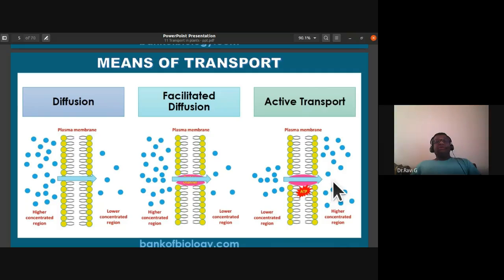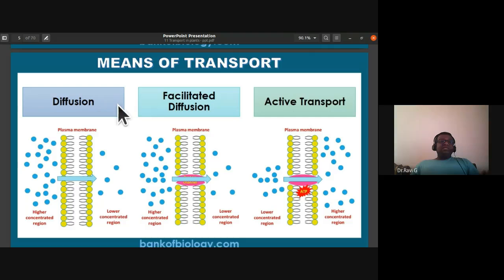So ATP is utilized to transport these particles across the plasma membrane. And again, even in active transport, there is a protein channel which is involved in transporting these molecules against their concentration gradient with the expenditure of energy, from lower concentrated region to higher concentrated region. So we call this active transport.